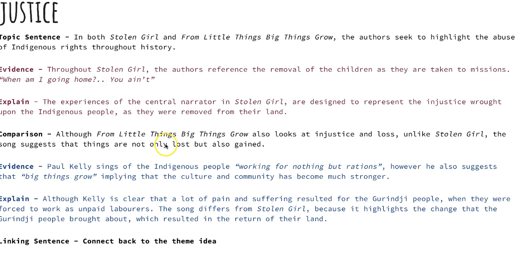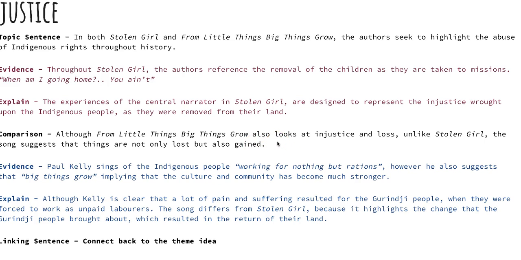I'm saying although, so my meta language with although, From Little Things Big Things Grow also looks at injustice and loss. Unlike, more meta language, I'm now comparing, I'm looking at a difference. Unlike Stolen Girl, the song suggests that things are not only lost but gained, so that's a difference, all right? There's similarities, they both look at injustice and loss. The difference is that things are not only lost but gained, all right?